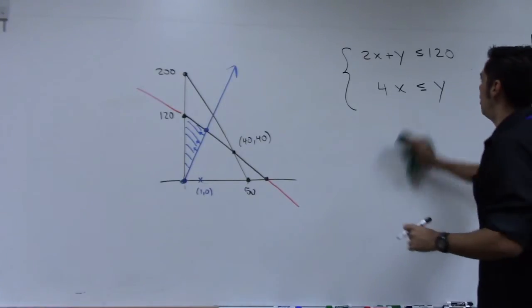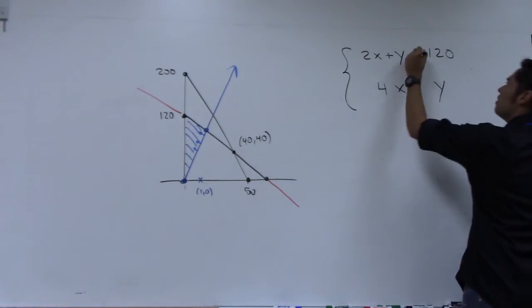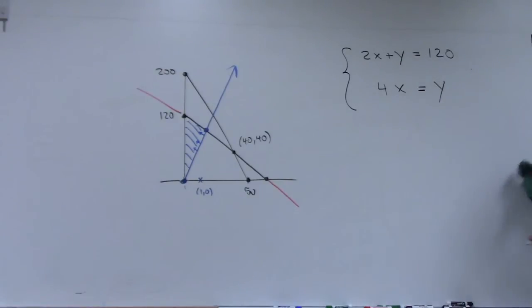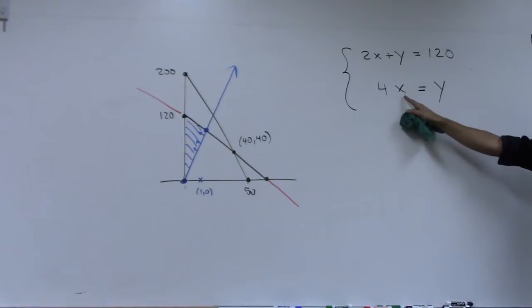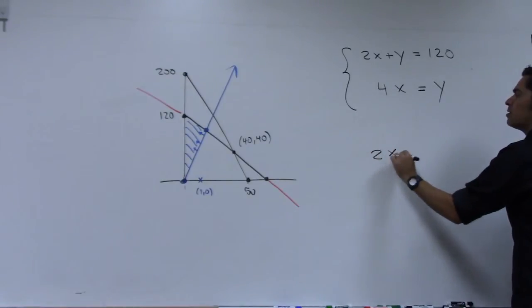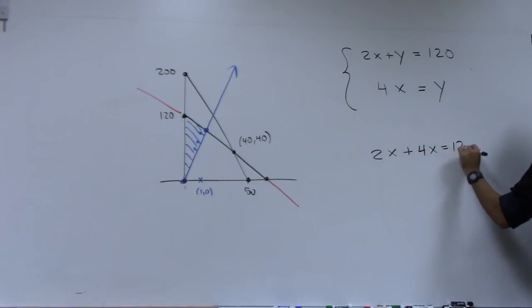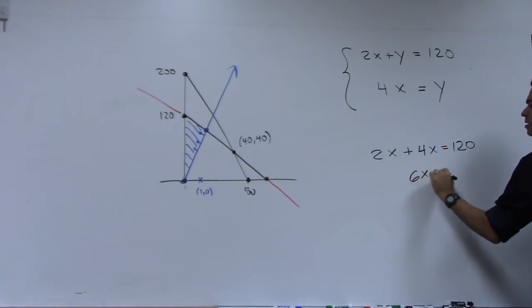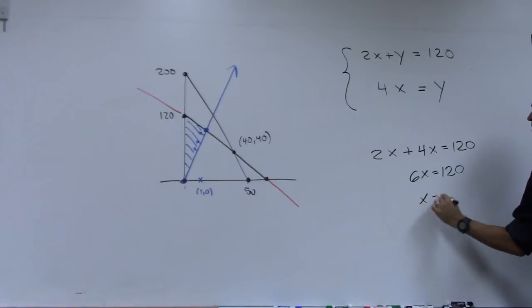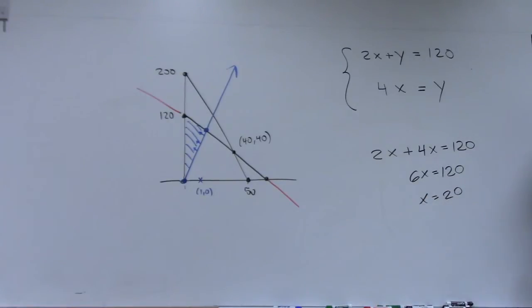We're making these equations. Just do a substitution. We already know what y is: y is 4x. Rewrite the first one: 2x plus 4x equals 120. 6x is 120, so x is 20.